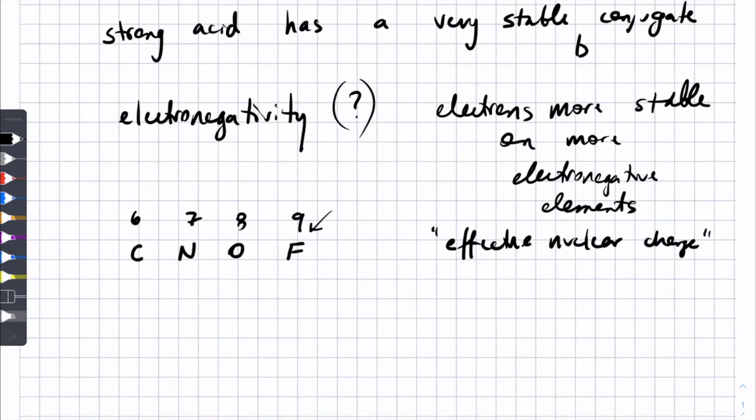Okay? And actually atomic size within a row of the periodic table tracks with electronegativity. Fluorine is smaller, its electrons are held closer to the nucleus, and that's because of the greater charge of the fluorine nucleus than the carbon nucleus.